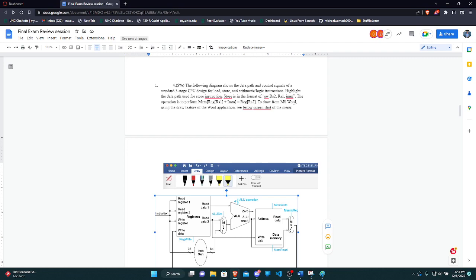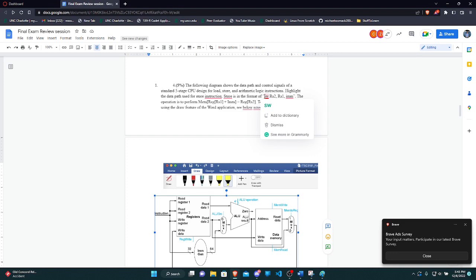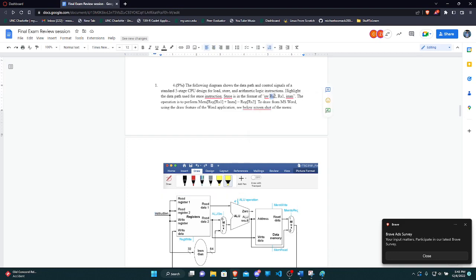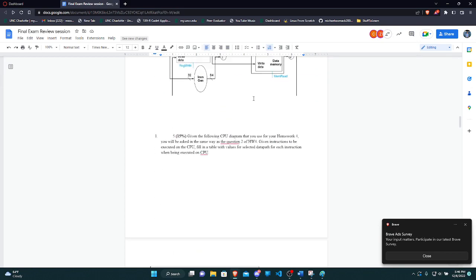We're doing a store word instruction with the format store word RS2, RS1, immediate. The operation is performed as memory of register RS1 plus immediate equals register RS2.